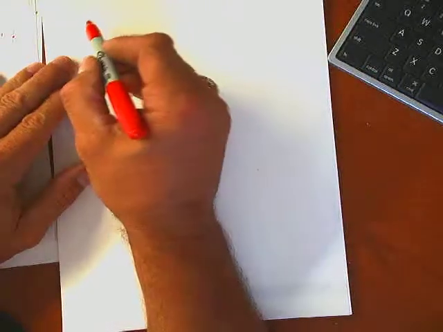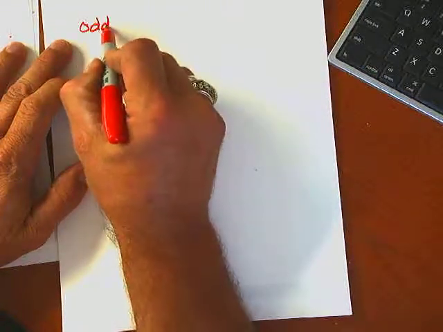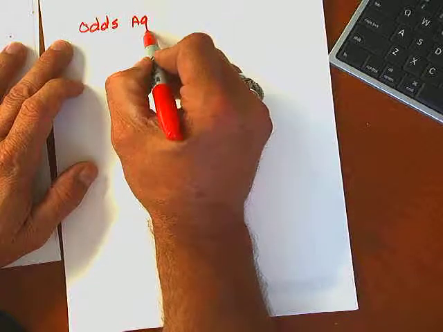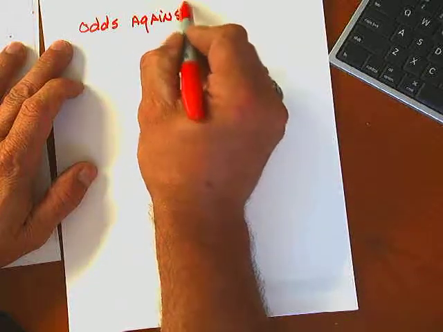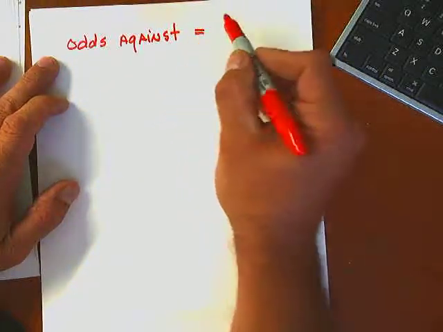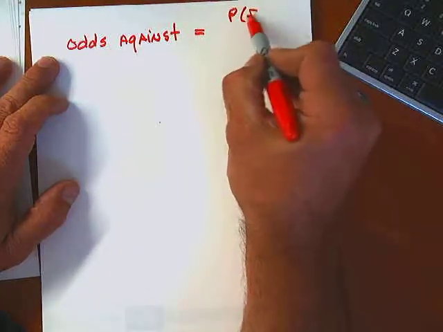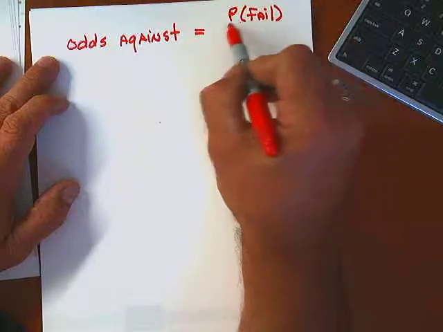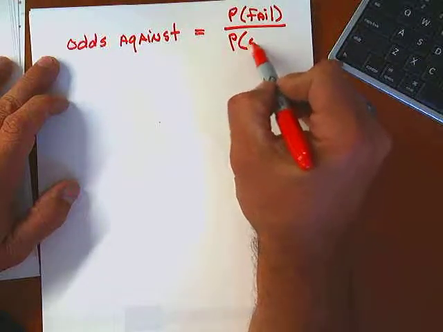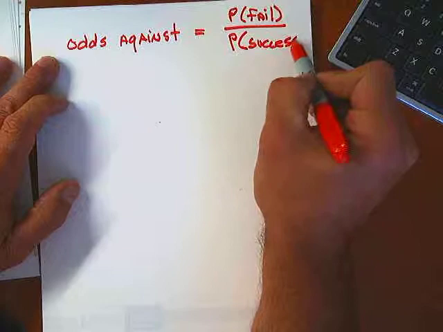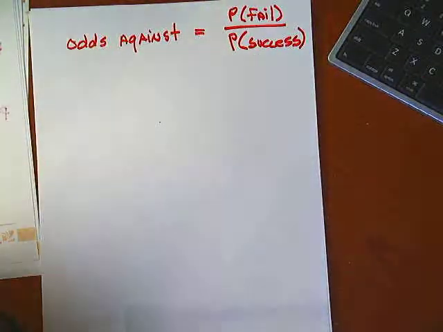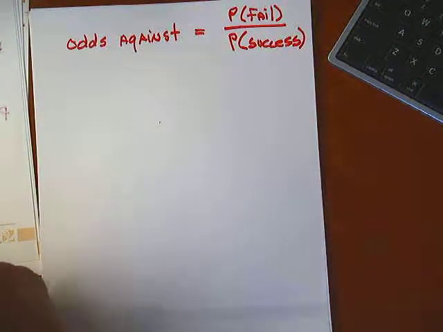So what are the odds in favor and the odds against? The odds in favor are the probability of an event happening over the probability of an event not happening.